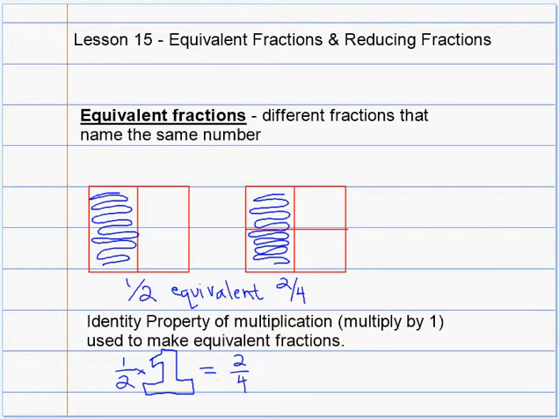So what number do we represent as 1, so that when we multiply 2 by whatever we get 4, and 1 by some number we get 2? Well, this fraction then needs to be 2 2's. Okay, so remember that to change fractions to make a different equivalent form of that fraction, we're going to use the identity property, and we're going to multiply by a fraction that is equal to 1.